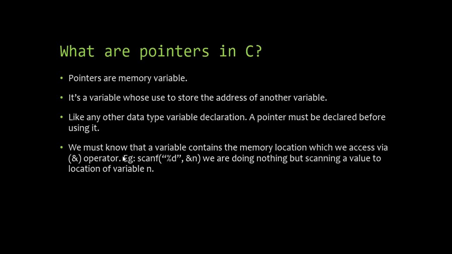And we know that a variable has a memory location which we can access via the ampersand operator. For example, when we use scanf %d and &n, we are doing nothing but scanning a value to the location of the variable n.